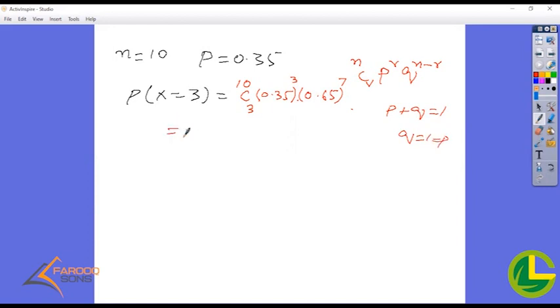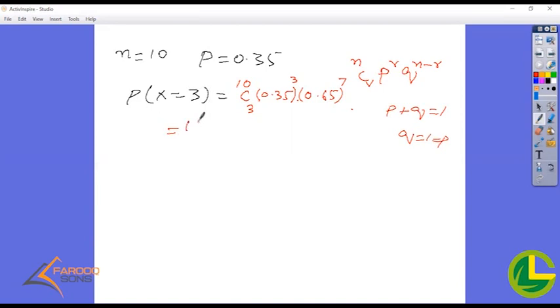Now if you want to do it manually, you can use your calculator and get the answer. I'm going to use my calculator. 10C3 is 120.